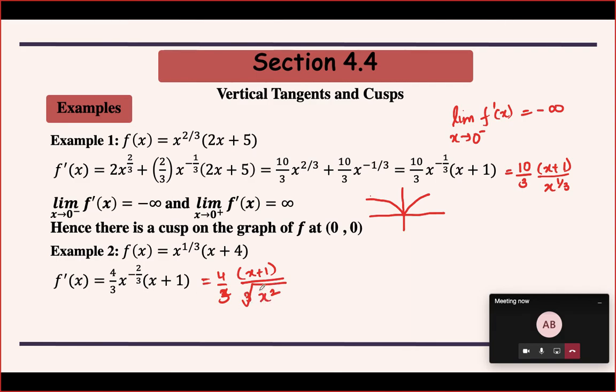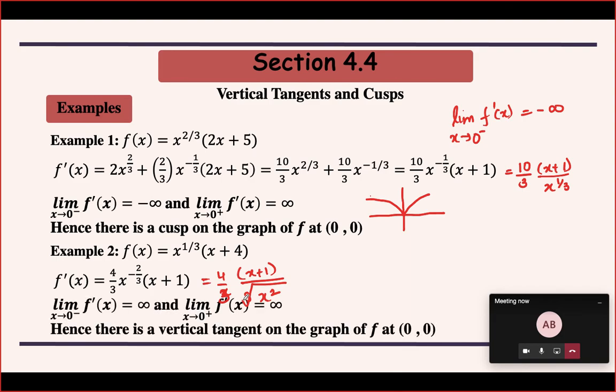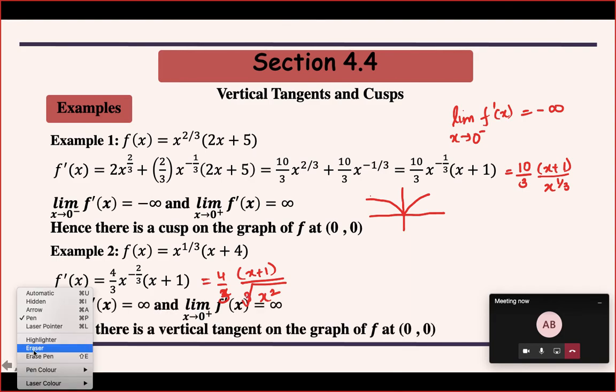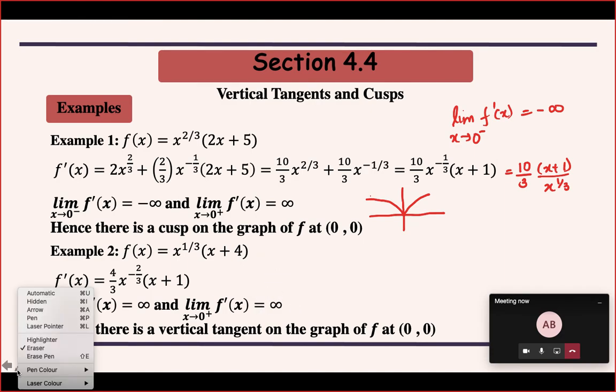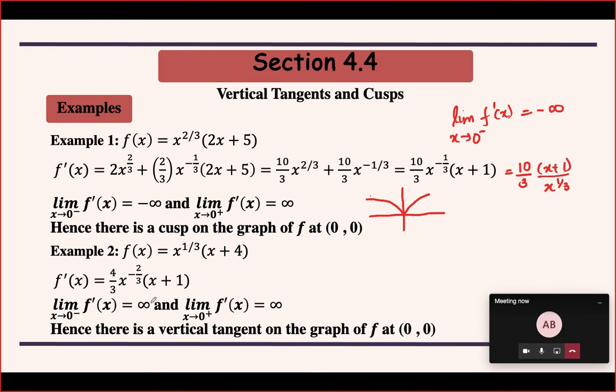So whether you take x from the negative side of 0 or from the positive side of 0, this expression is going to be positive, so the limit will be plus infinity from either side. Okay, so from both the sides your limit is going to be plus infinity, and so this point is going to have a vertical tangent at 0. Okay, at origin the graph of the function is going to have a vertical tangent.